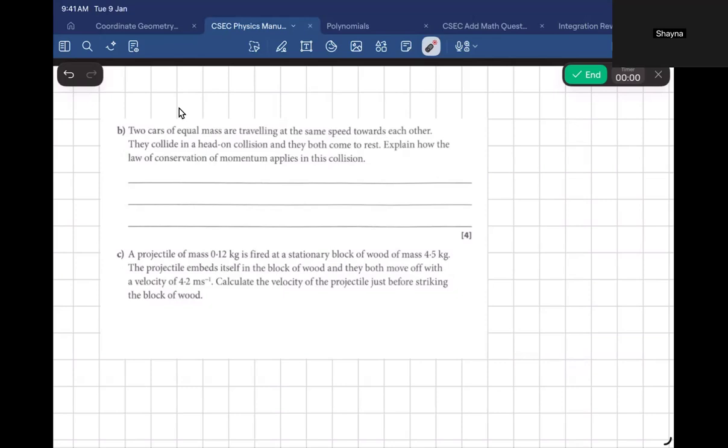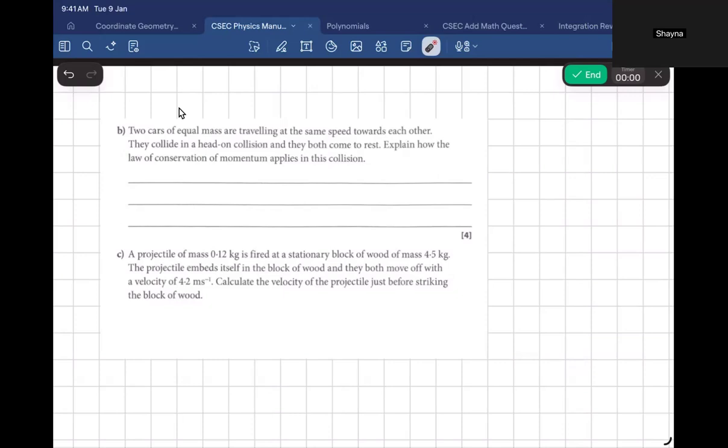Due to the total momentum before the collision, zero. Hmm. Okay.